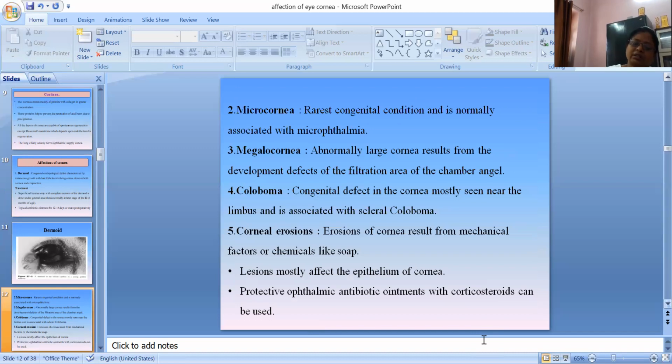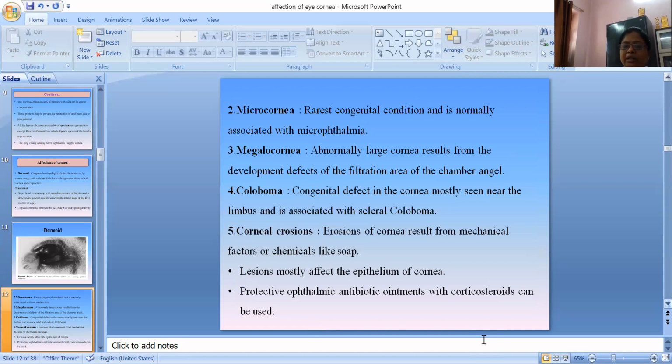There are some congenital anomalies. The first one is microcornea, the rarest congenital condition, normally associated with microphthalmia. Microcornea means small size of the cornea.